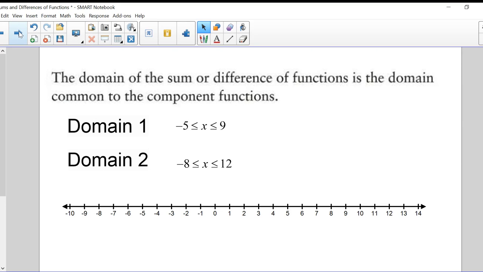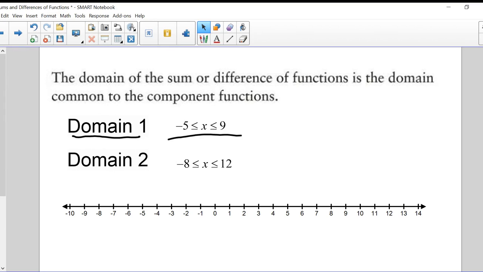So one of the things that you need to recognize is what is the common domain between two functions that have been either added together or subtracted from each other. So what I've done is I've done a series of questions here to show you what I find is the easiest way for you to figure that out. So let's say you were told that one function had this domain, right? I'm underlining it here, that it only goes from -5 to 9.